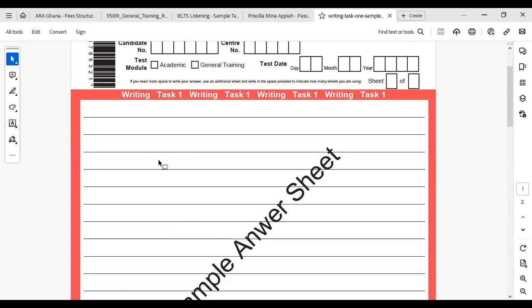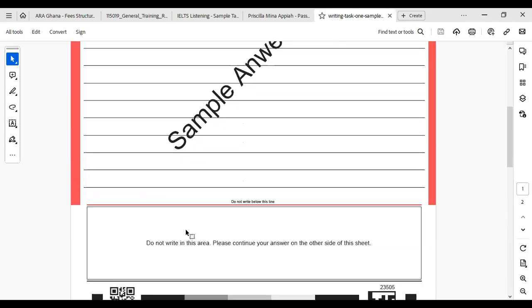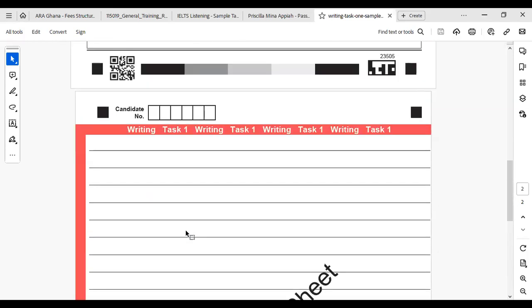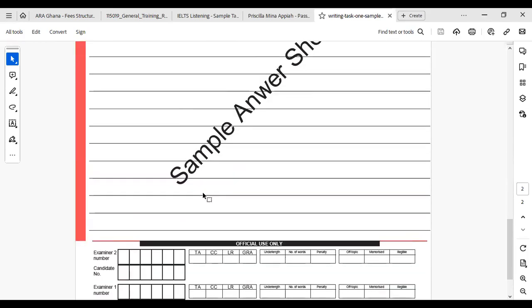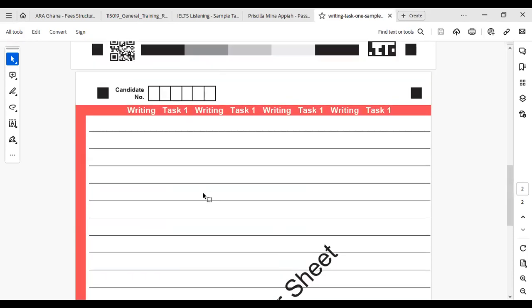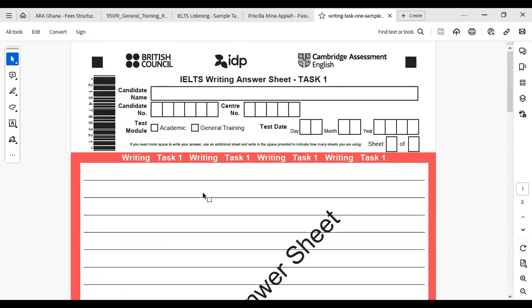You can write the essay on this sheet, 150 words or more, and then you can go over to the second page. You can always ask for more papers if there's a need for it. Then there will be a separate sheet for task 2.